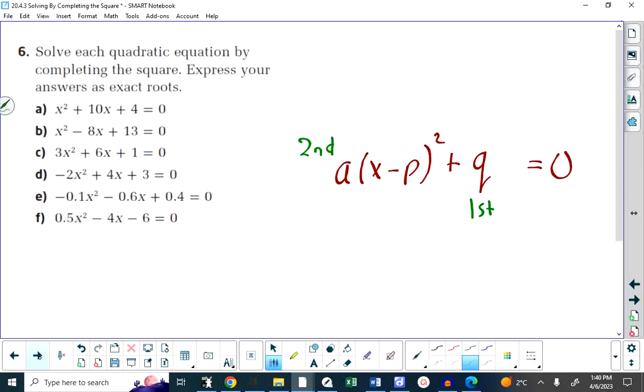You get rid of the squared third. And the last thing you do is you get rid of the p. Right, you're working from the outside in. You get rid of that q. Now it's gone. Now you can worry about getting towards the x by dividing by a, then taking the square root, then adding p.